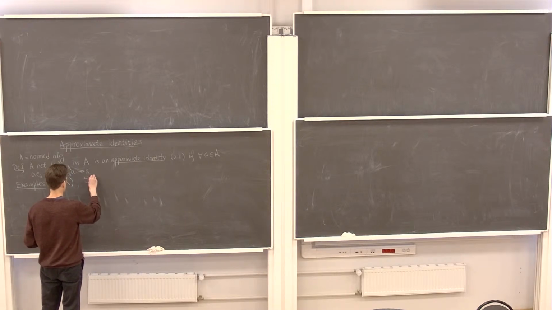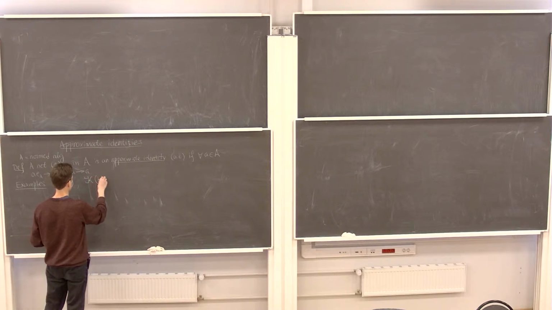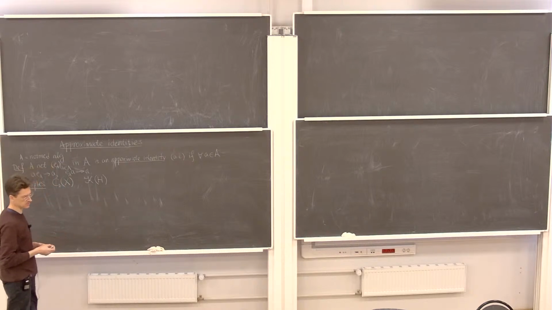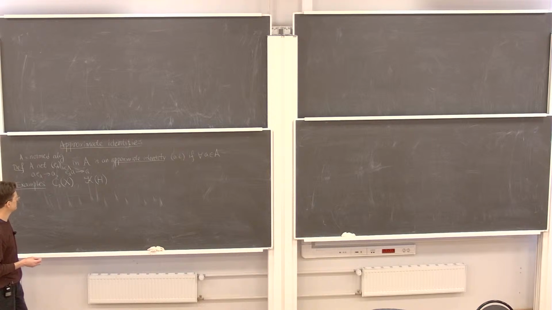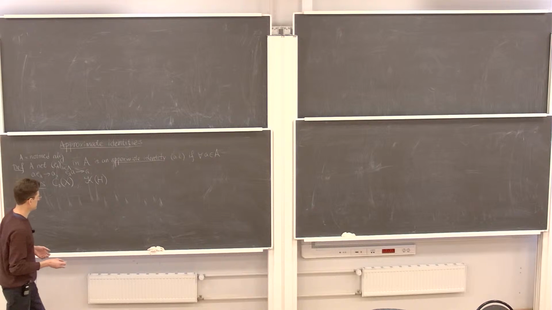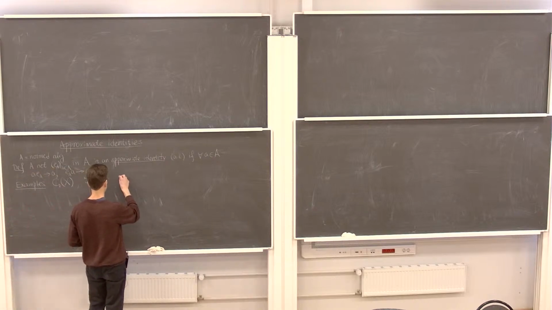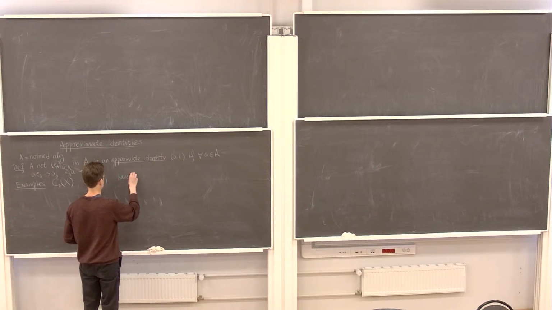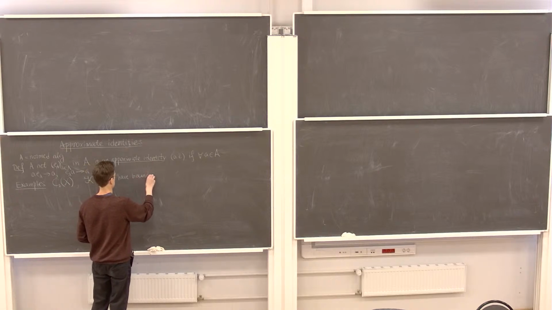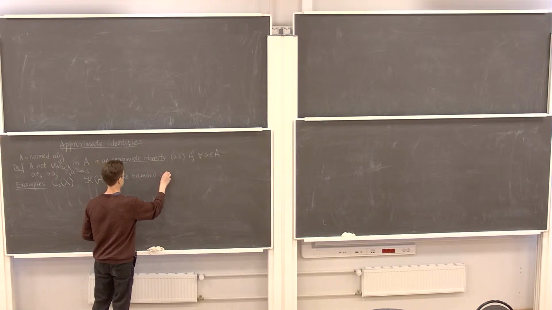But if X is not compact, this algebra is not unital, but it always has a bounded approximate identity. The algebra of compact operators on a Hilbert space H is also not unital unless the space is finite dimensional. If it is infinite dimensional, then the algebra is not unital, but it has a bounded approximate identity.